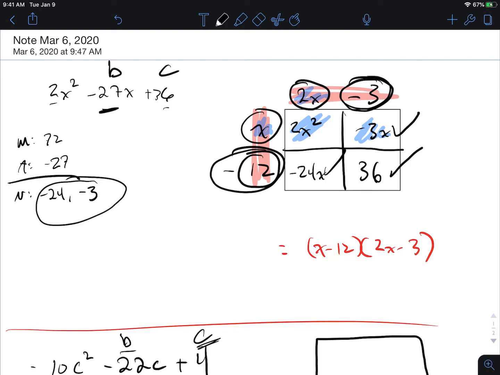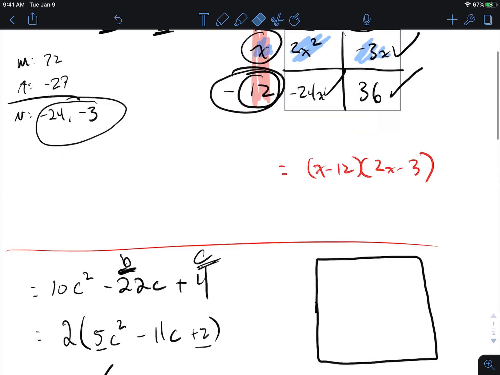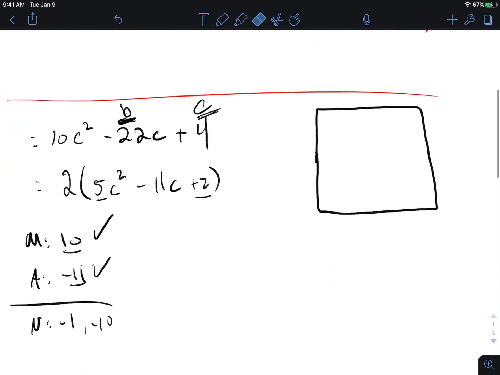This is where we ran into troubles, and I never noticed that this was an issue until I put the decomposition beside the table method. So just be wary. If you see a negative number here and a positive number here, you've got to be careful with the signs when you do the table. But if you take the approach that I showed you here, where you fill in the signs afterward, you don't have anything to worry about.